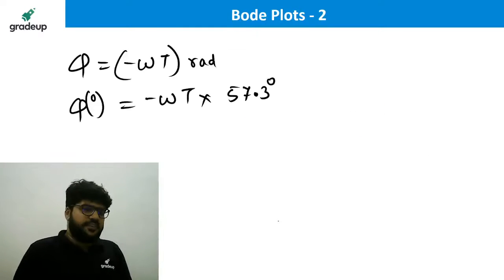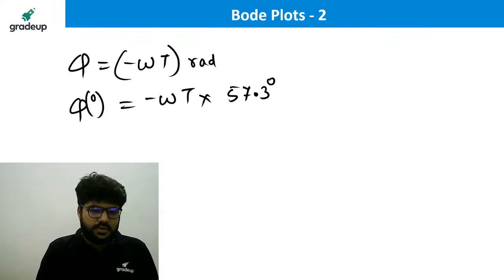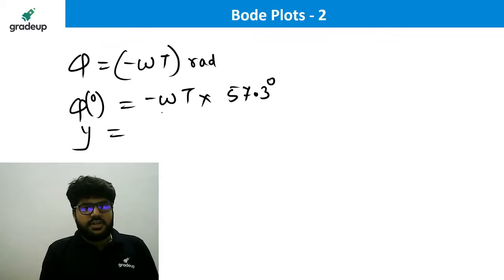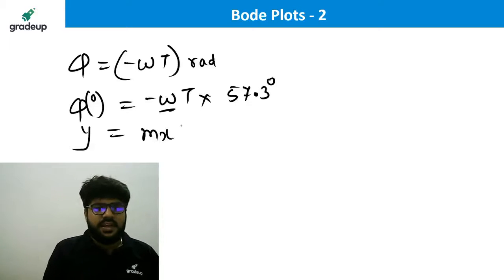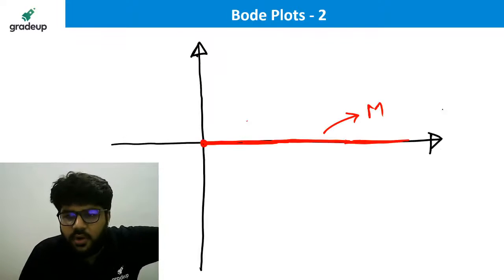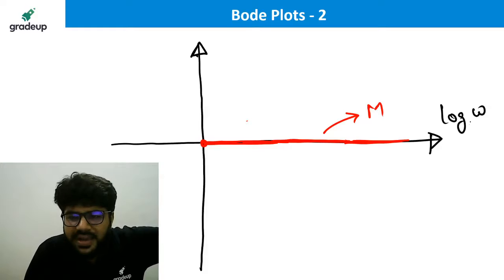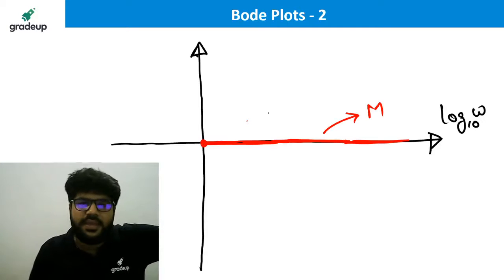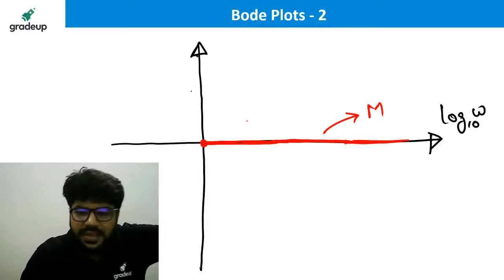No, it's not linear. Maybe you are saying linear because omega is here, so y equal to mx. All this is just a constant t into 57.3, but that is not the correct way because on the Bode plot, this is not the omega axis, this is the log omega axis.